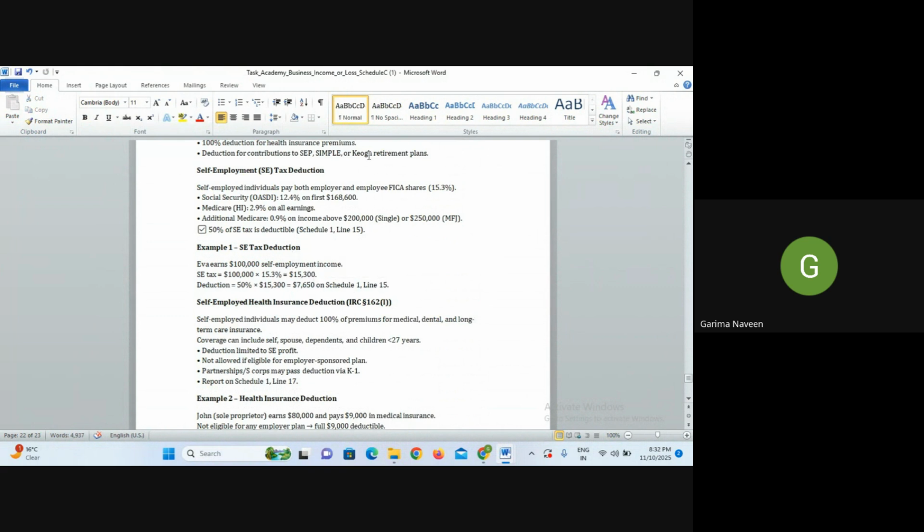That means your net self-employment earnings become $100,000 minus 7650. After subtracting this deduction, you get the net earnings from self-employment. So in actual, you will pay tax on these net earnings.